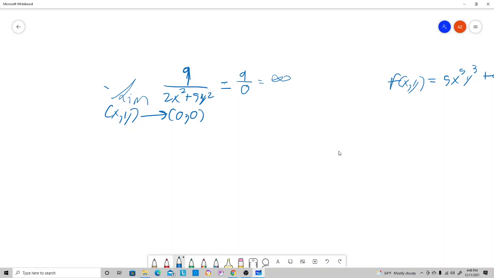But another way to show this is by saying that the limit as x and y approach 0 and itself, so just the y-axis.